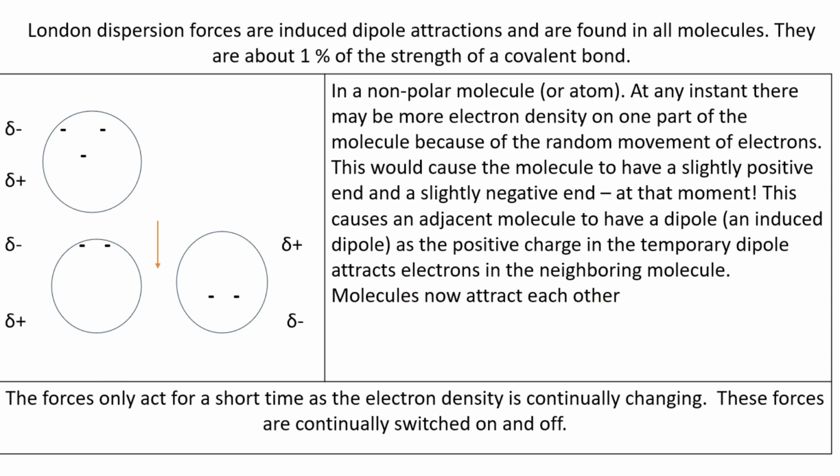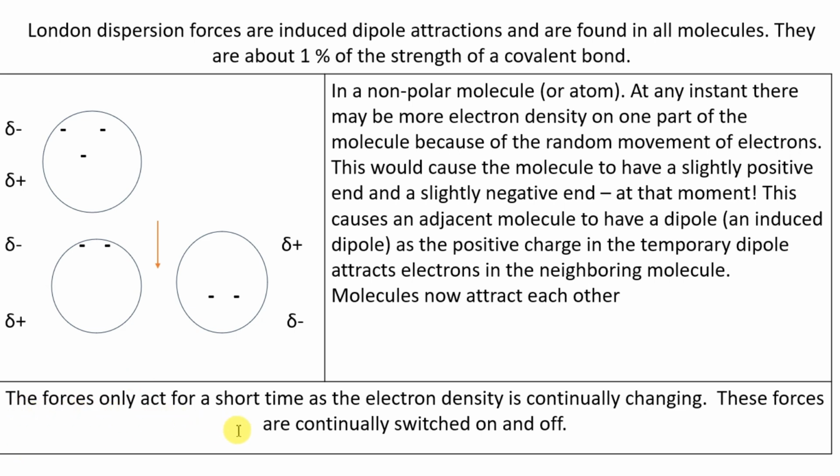Molecules now attract each other, and I see that in the diagram below. If I randomly have a dipole existing in one particle, the particle next to it will have the negative electrons attracted towards the slightly positive end of the first particle. Particle could be a molecule, could be an atom.